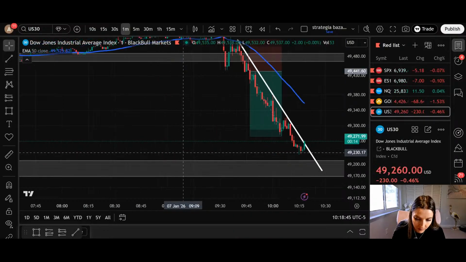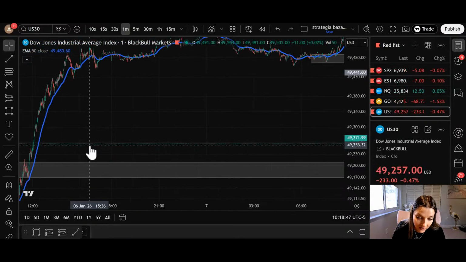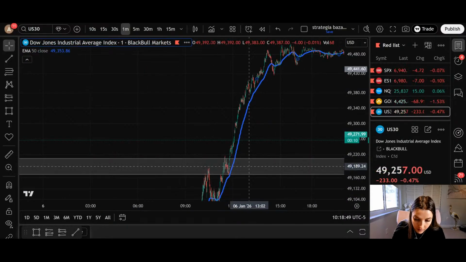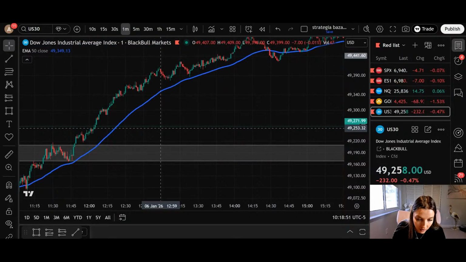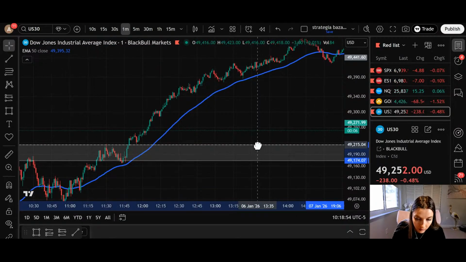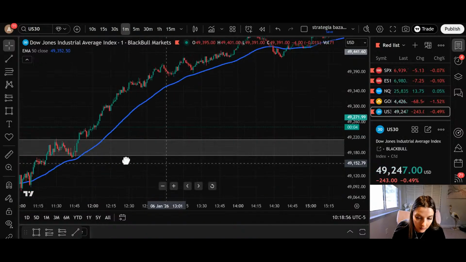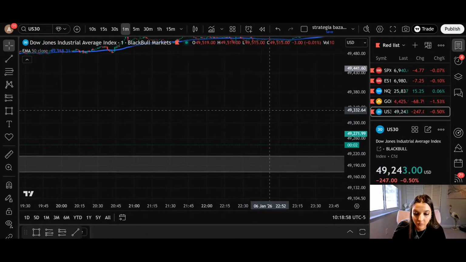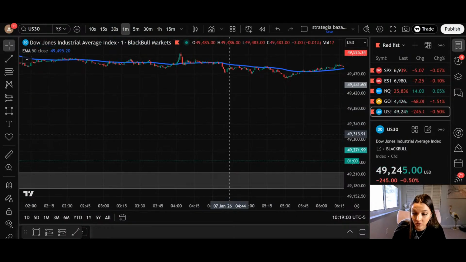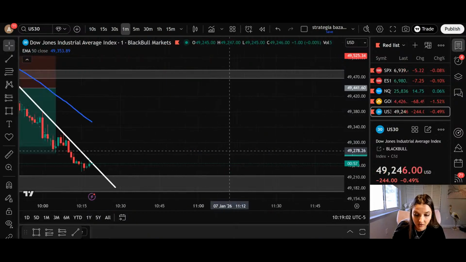Because I might not have marked this area exactly, so it can be a look, it can be a pre-rejection here. But wait for the trend line at least to break and retest.